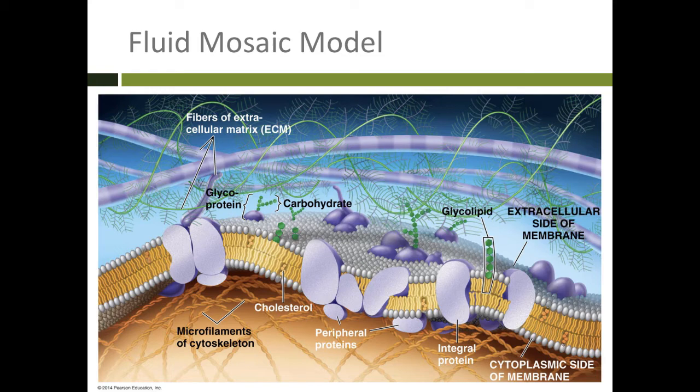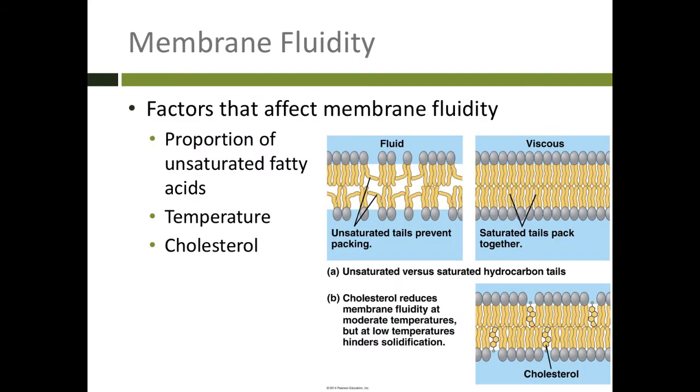Now, the fluidity of the membrane can change. Things can move faster or slower through the membrane. There are 3 factors that affect membrane fluidity. The first one is the proportion of unsaturated fatty acids, and we talked about this when we talked about macromolecules. Unsaturated tails have a double bond and a kink in them.